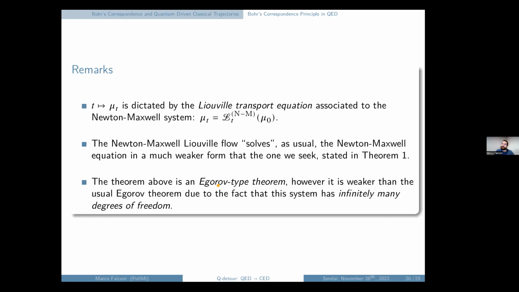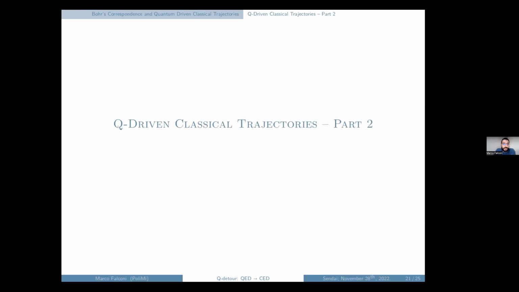Okay, and this theorem is a so-called Egorov type theorem, so it's less powerful than the Egorov theorems that you have in standard semi-classical analysis, but is in the same spirit for these fields, so these infinitely many degrees of freedom.